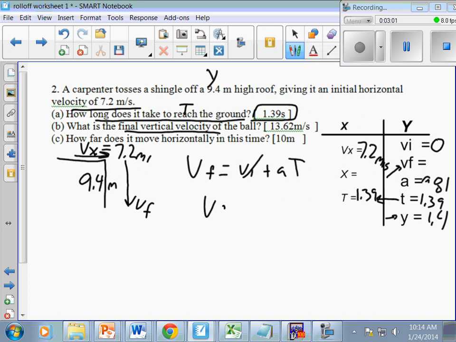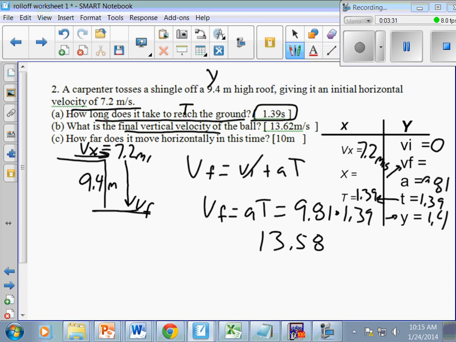VF equals A times T, which equals 9.81 times 1.39. And I get 13.58. So that gives me the velocity at which it strikes the ground when it gets to the bottom.